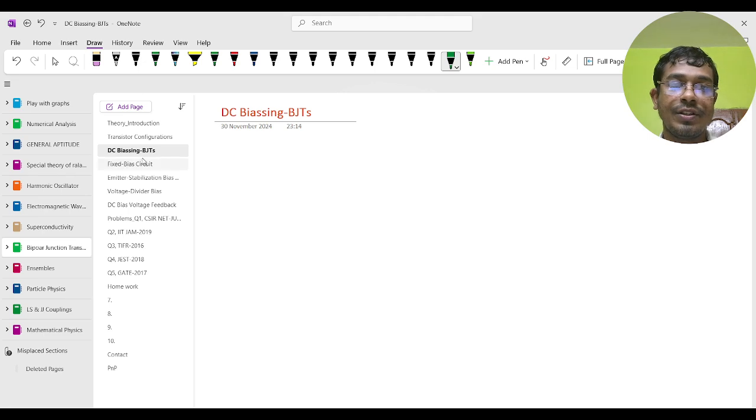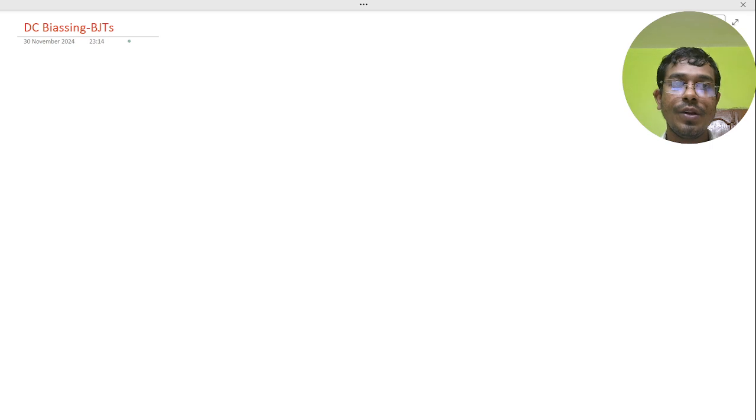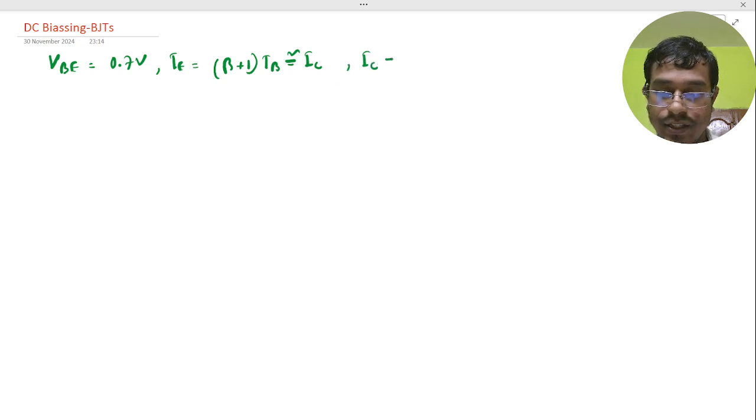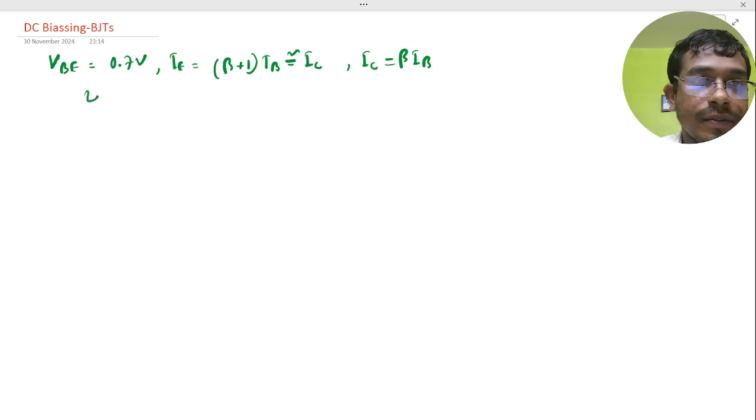So basically in the DC biasing of BJT, one thing is that for numerical problem solutions, keep in mind VBE becomes 0.7 volt, and the emitter current IE is beta plus 1 times IB, which nearly equals the collector current, and IC is basically beta IB.